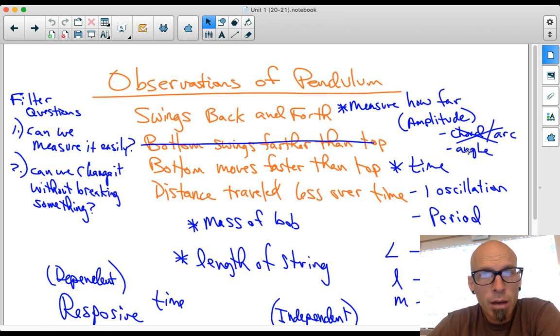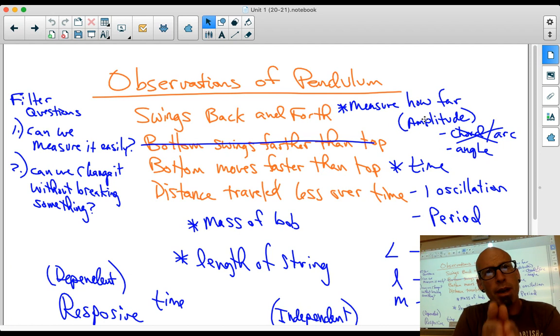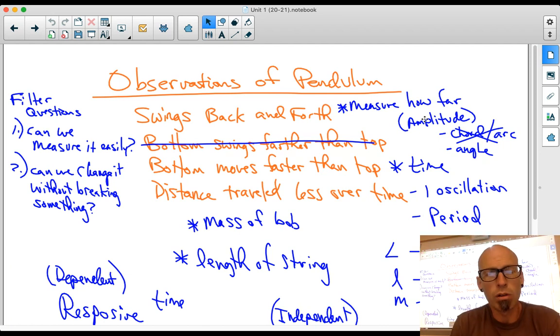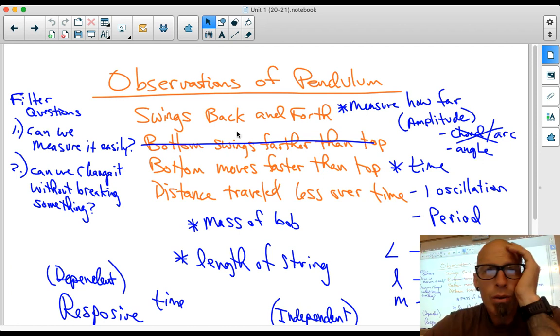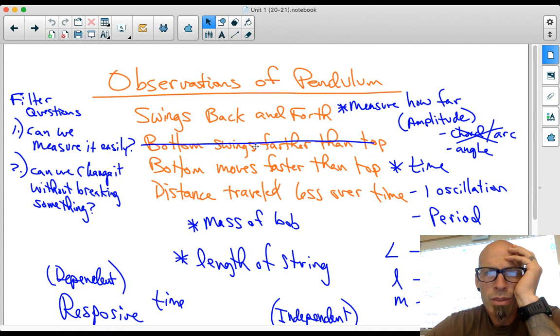That seems like a much easier way to talk about amplitude, or how far the pendulum has been moved out of what we would call equilibrium or vertical. So the angle might be a better and easier way to measure that. We said, okay, we can measure that.